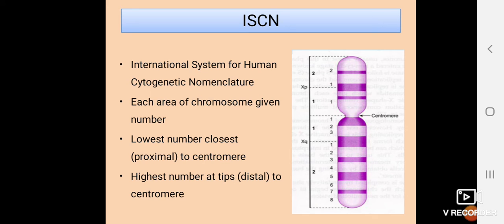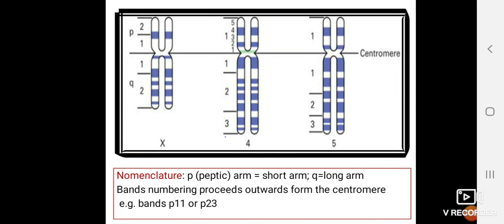The one nearest to the centromere is named as 1 on the P as well as Q, the shorter as well as longer arm. Then the second is 2. If it is very lengthy, even 3 is also given. So the lowest number is closest to the centromere, and the highest number is toward the tip.